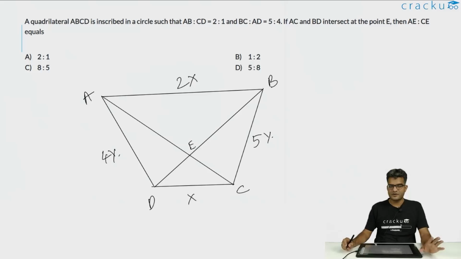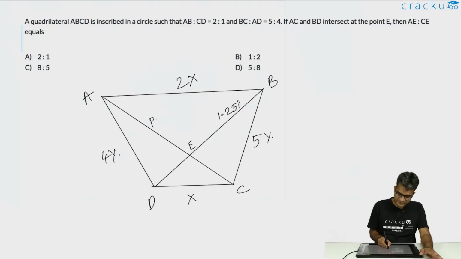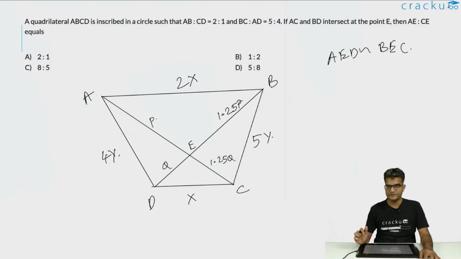First, using one set of similar triangles, you will calculate that if this is P, this will be 1.25 P, because AED is similar to BEC, and if this is Q, this will be 1.25 Q, because the ratio of the sides of these two triangles is 5:4.